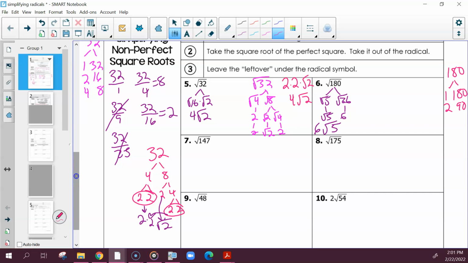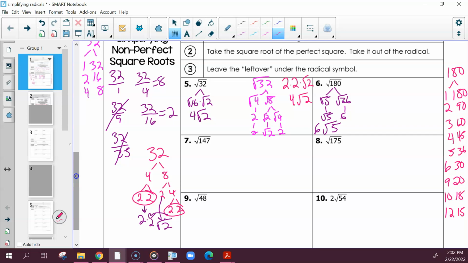So I'm going to list them all first, and then I'm just going to pick a random one. 3 and 60, 4 and 45, 5 and 36, 6 and 30, 9 and 20, 10 and 18, 12 and 15. And those would be all of my factors.